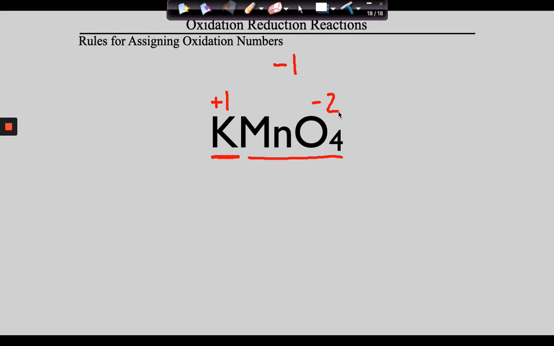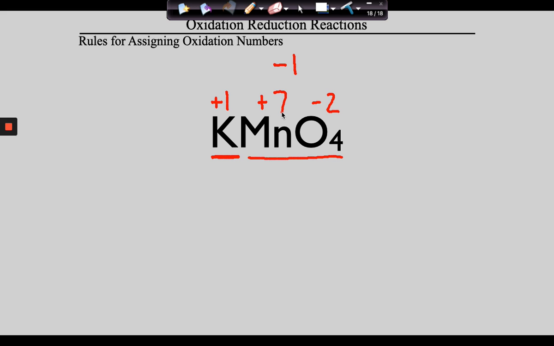Minus 8. So what does manganese have to be in order for this entire bundle to be minus 1? Plus 7. These are the oxidation numbers for these elements. Potassium is plus 1, manganese is plus 7, oxygen is minus 2.